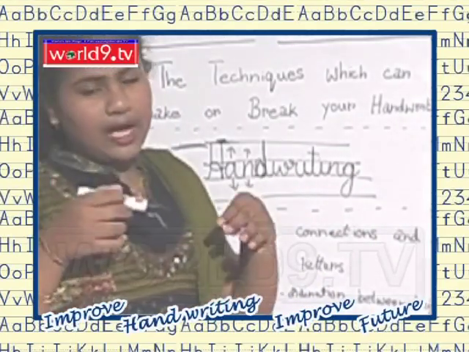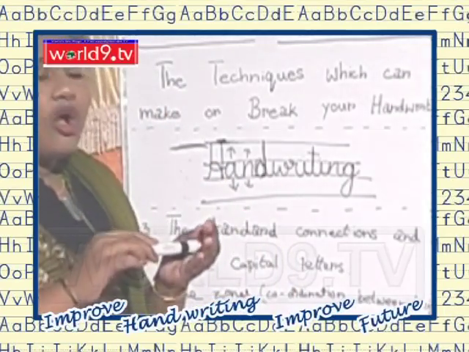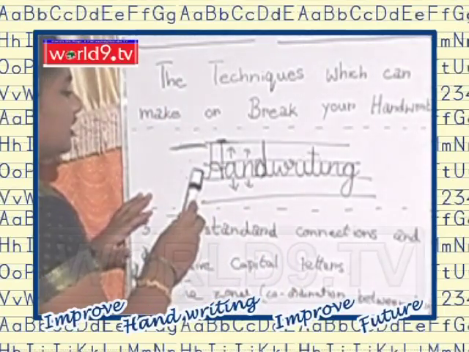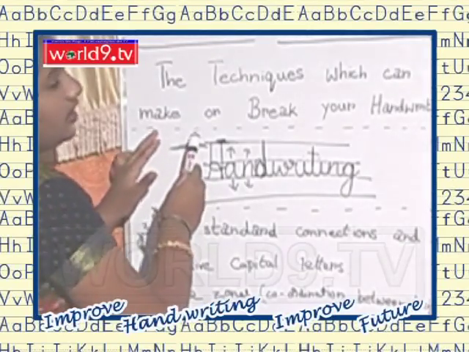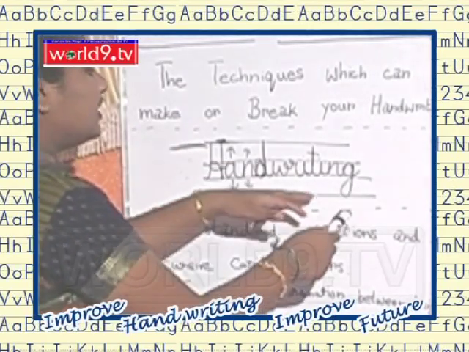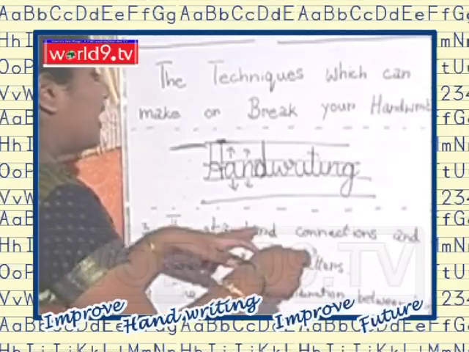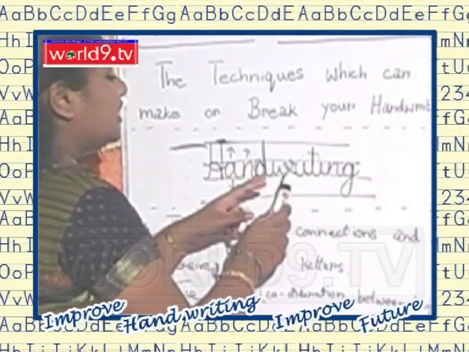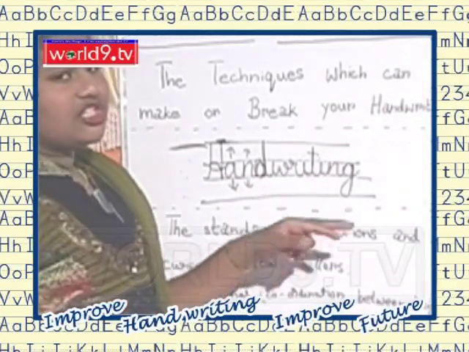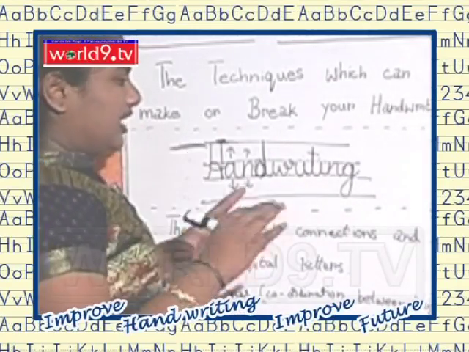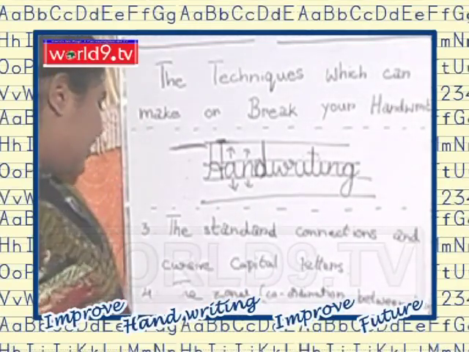This is called the upper part and lower part, and these are called depths. The depth of H is to the upper part, the depth of G is to the lower part, and the depth of A, N, W, R, I, N is the middle part. This is called depths and coordinations.